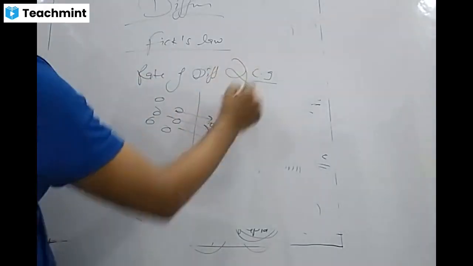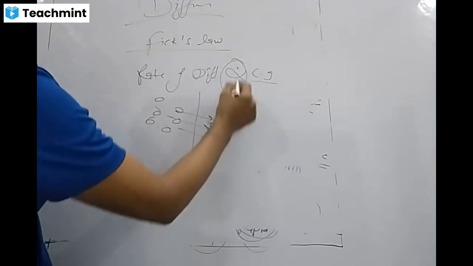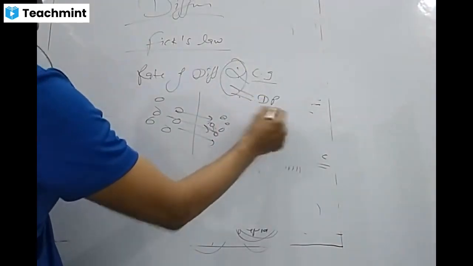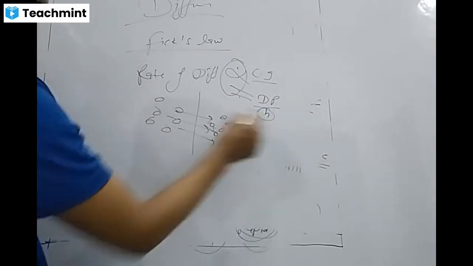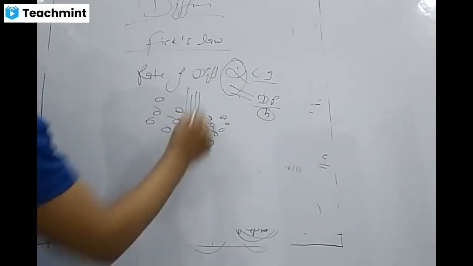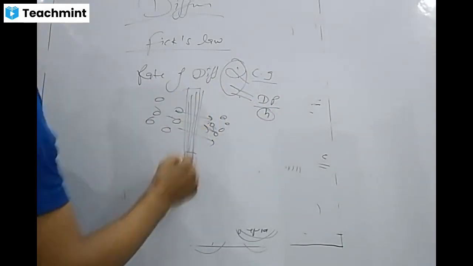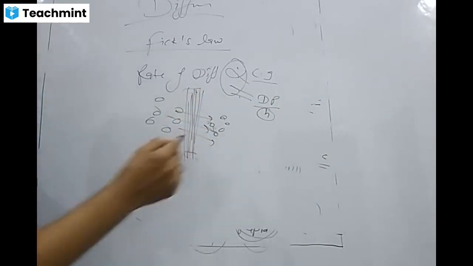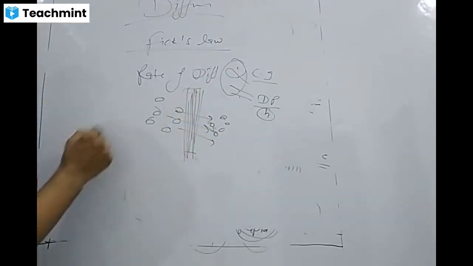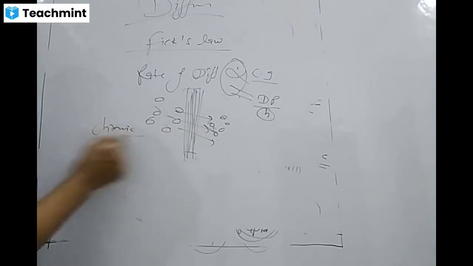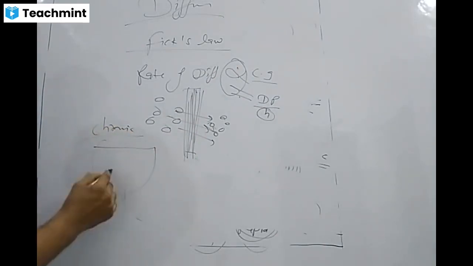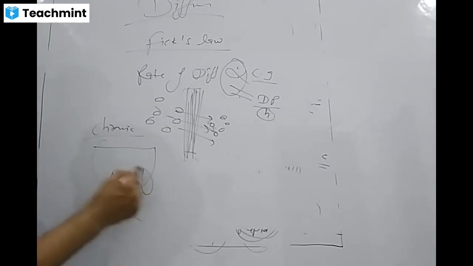If we remove this constant, then this will convert into dP by H. H means thickness of this membrane. If I make this membrane very thick, suppose in case of chronic inflammation, like mastitis, things become very fibrotic.